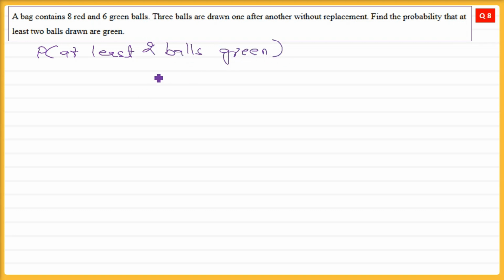The reasoning of this question will be, we are going to find out at most, see, you can subtract it from something. So when we subtract the probability of at most 1 green ball, there are 3 balls, from 1, we'll get at least 2 balls are green. I hope you got the logic. So what are all the possibilities?